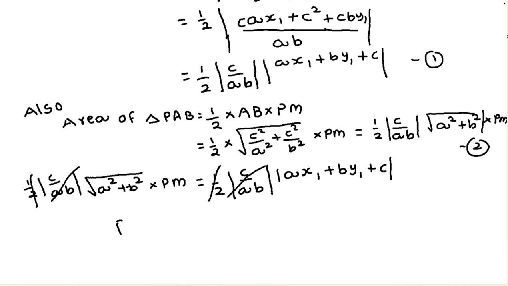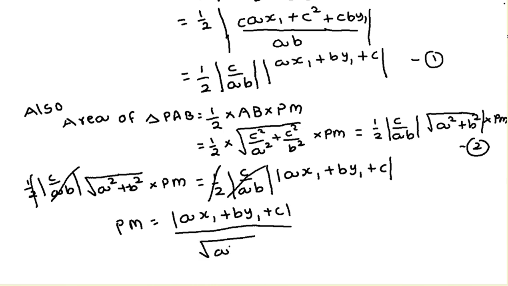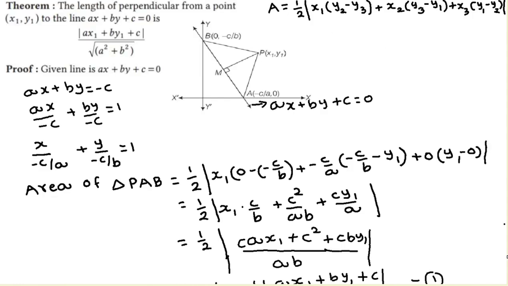That becomes PM equal to mod ax1 plus by1 plus c upon root over a square plus b square. Okay, so this is the formula for the length of the perpendicular from a point (x1, y1) to the line ax + by + c = 0.